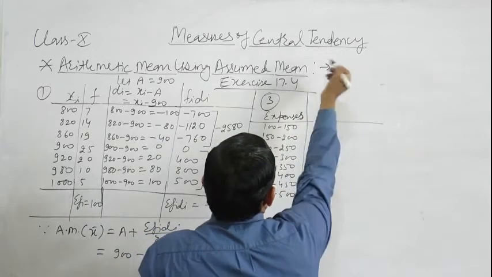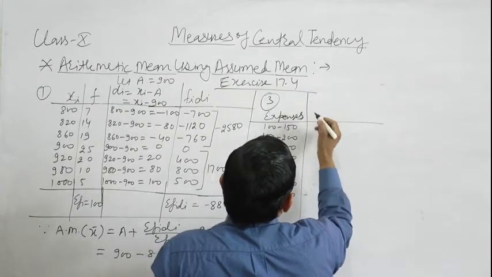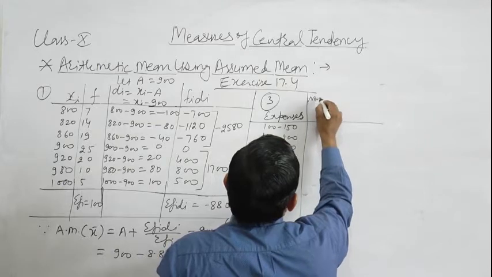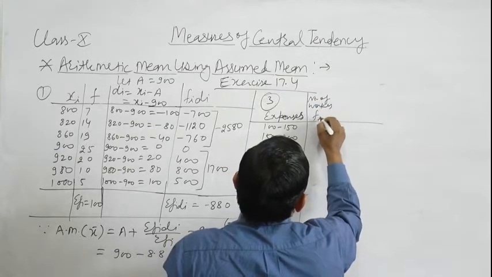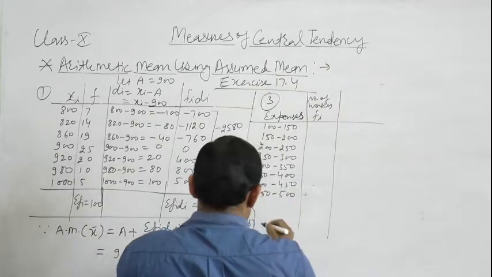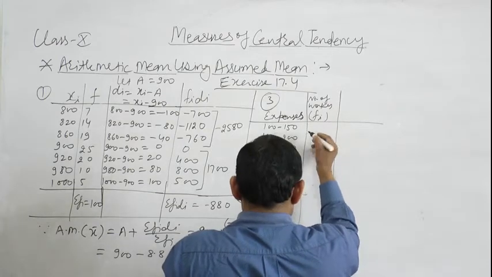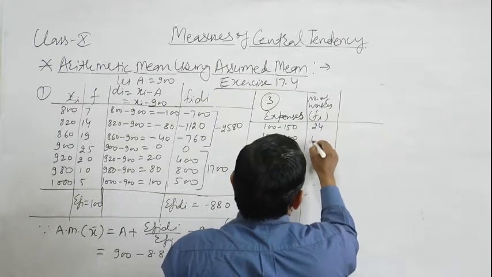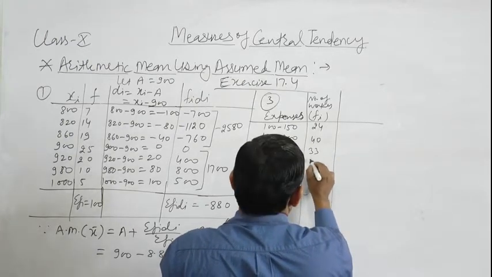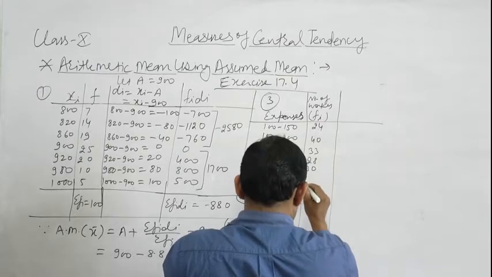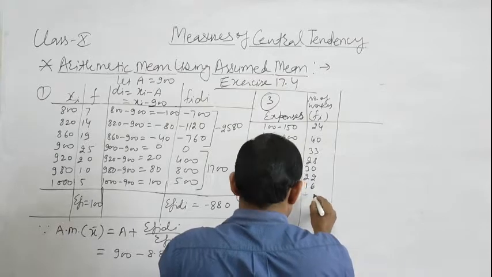Expenses are given in class interval form. Okay, and number of workers, it means frequencies, represented by fi: 24, 40, 33, 28, 30, 22, 16 and 7.